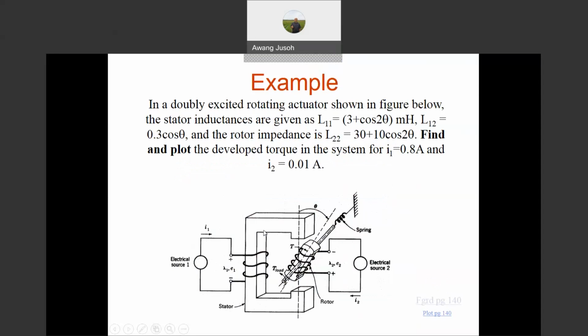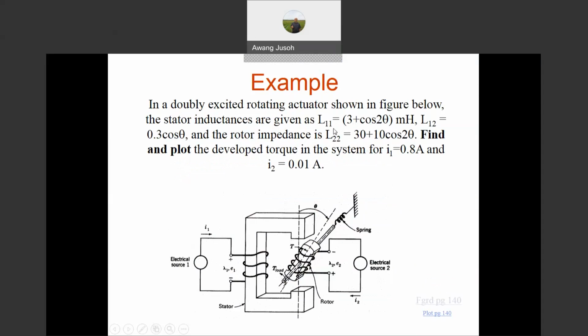In this example, you can see that we have stator current and rotor current, and this gives us the self-inductance for the stator, which is equal to 3 plus cosine 2 theta, and we have mutual inductance 0.3 cosine theta, and the self-inductance for the rotor, which is 30 plus 10 cosine theta.